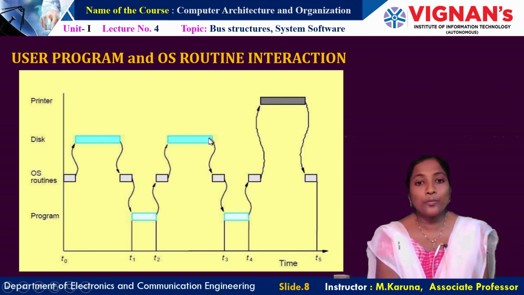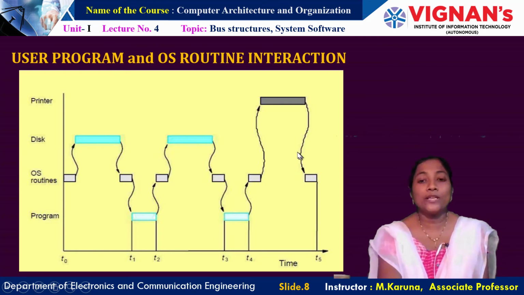After completion of that program, whenever the result is ready to print, the operating system sends an acknowledgment to the user program. Now the user program sends a request to the operating system to perform the print operation. The operating system sends a print command to the processor, and the processor performs the printing operation during T4 to T5.